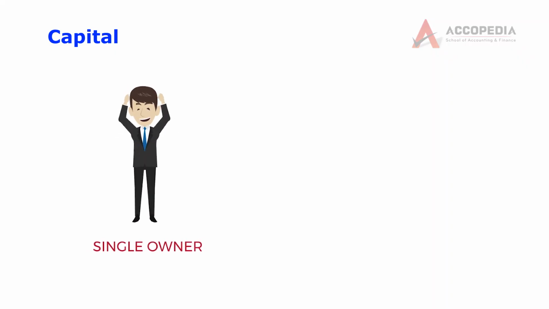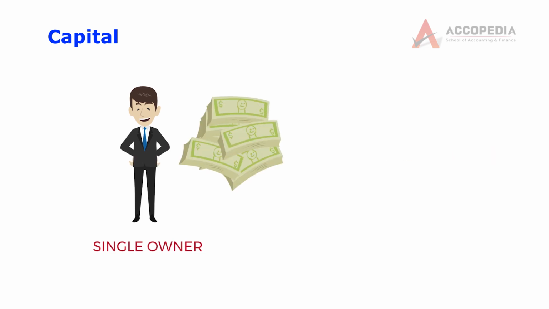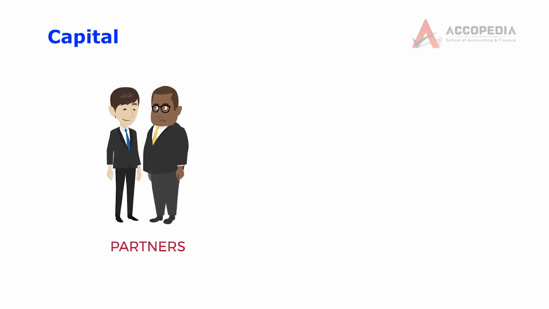Now, if the ownership is of a single person, a one person company, there is only one owner, then he is known as a sole proprietor. Then the amount he has invested in the business is known as proprietor's capital. If there are two or more partners in a partnership business, then all of them have invested money, then the business is said to have capital from the partners.